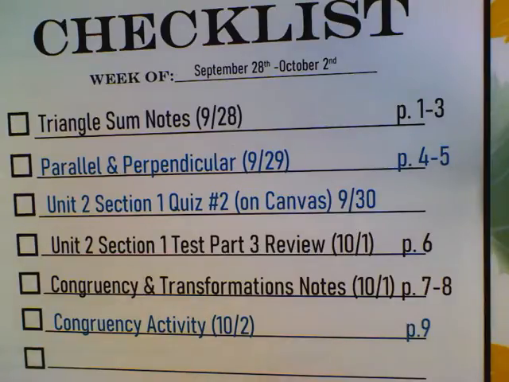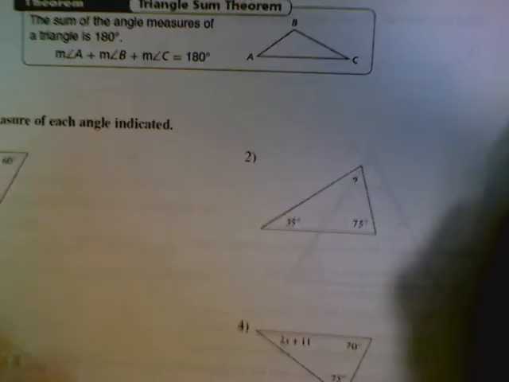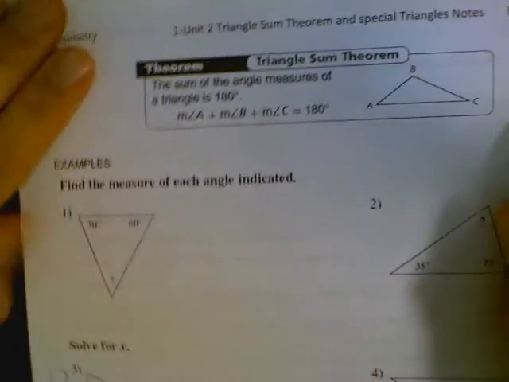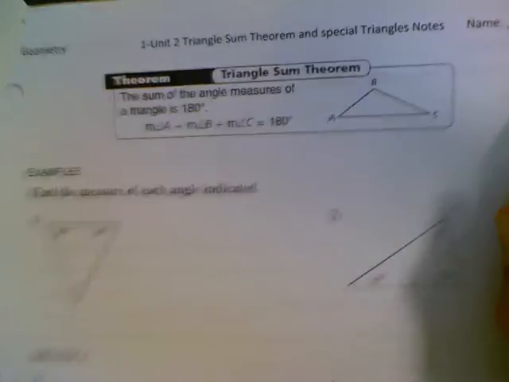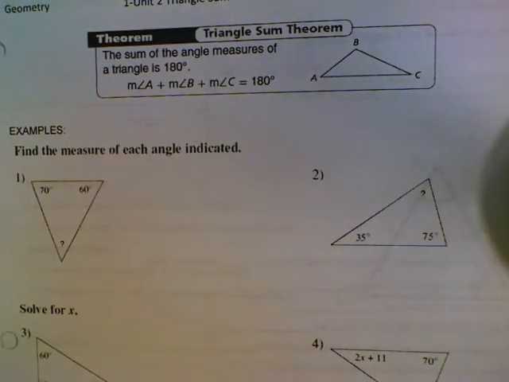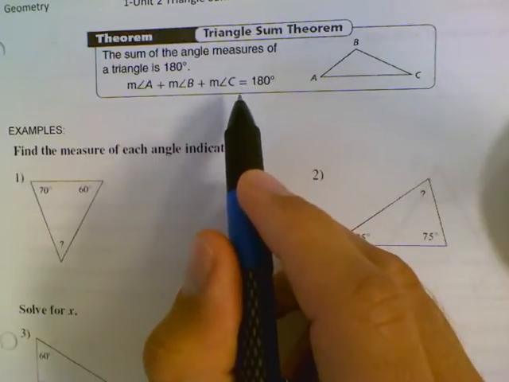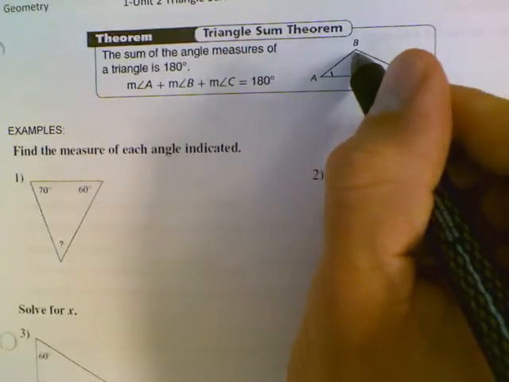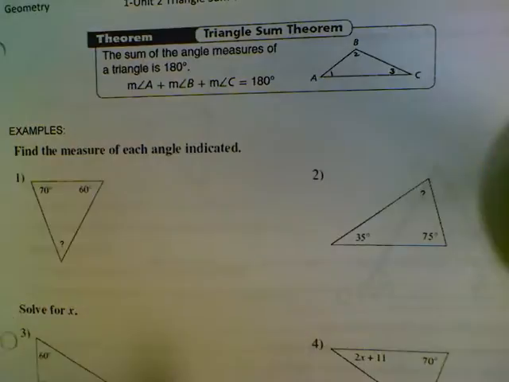Okay. So let's go on and flip into the triangle sum theorem and some special theorems about triangles. The triangle sum theorem just says that the 3 interior angles of a triangle add up to 180 degrees.